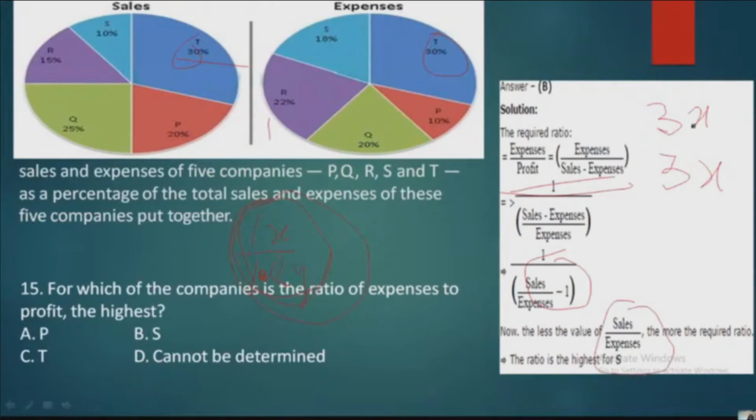So now if I take 3x and 3y, both the percentages are same, right? So sales and the expenses percentages are same here. So if I go in that way, you will get 0 in the denominator. How can you get the value for T? How will you say that it is 1:1 for T? Are you getting my idea?